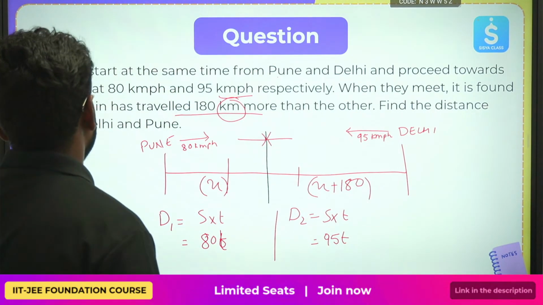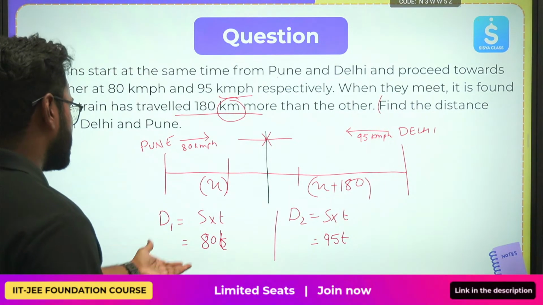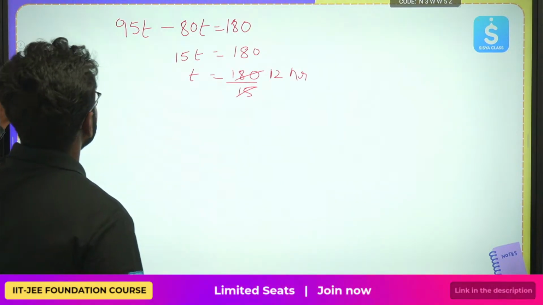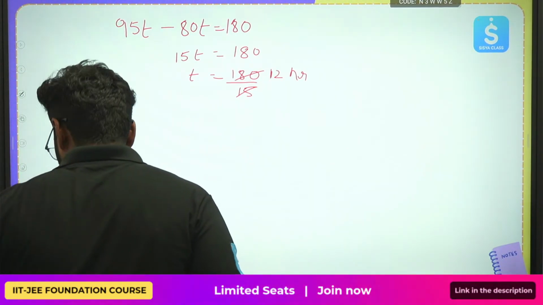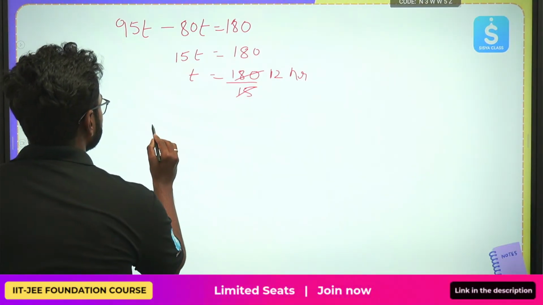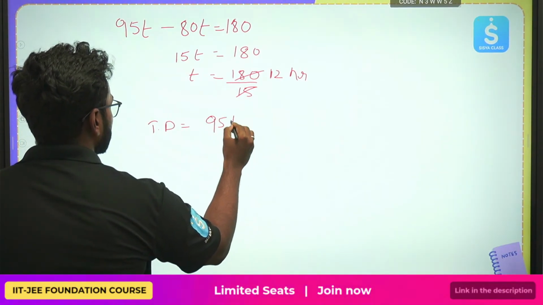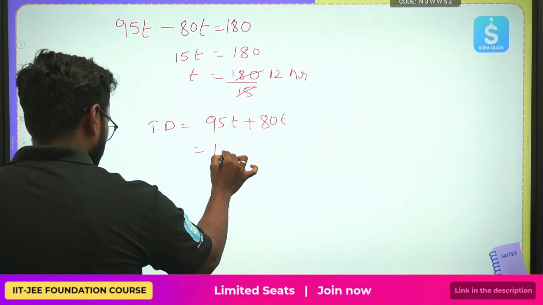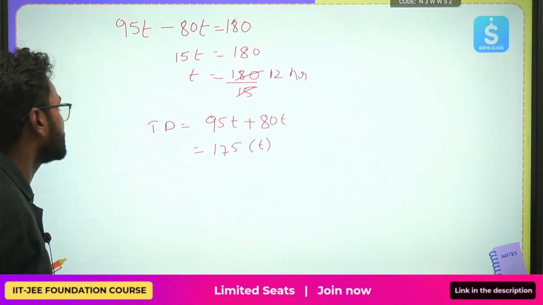That's the question. So now we have to find the distance. You can easily find it because you know the time. You can directly put it in any of these equations, right? Total distance would be 95t plus 80t. So this should be 175 into t. That is what we have gotten, right?